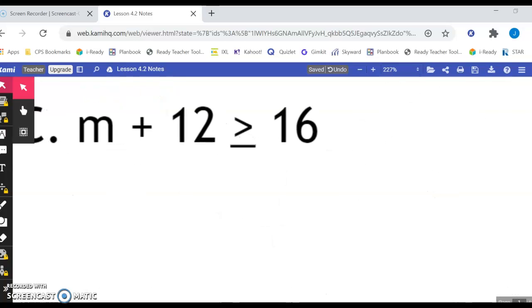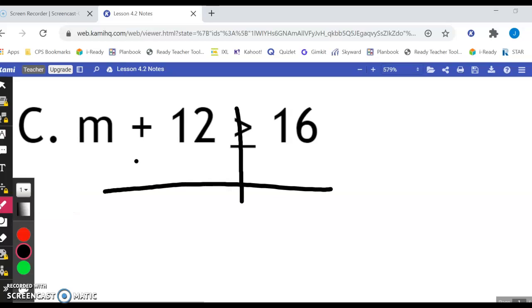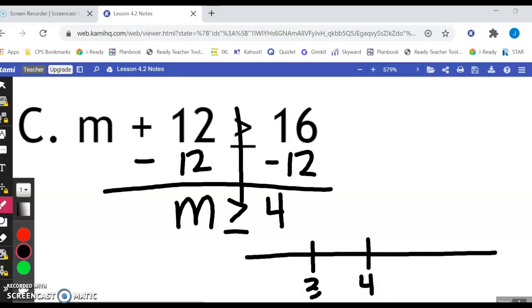All right, so for part C, we are going to subtract 12 from both sides. So we'll have m, bring our sign down. 16 minus 12 is 4. Make our number line. 4 is in the middle, circle at 4.